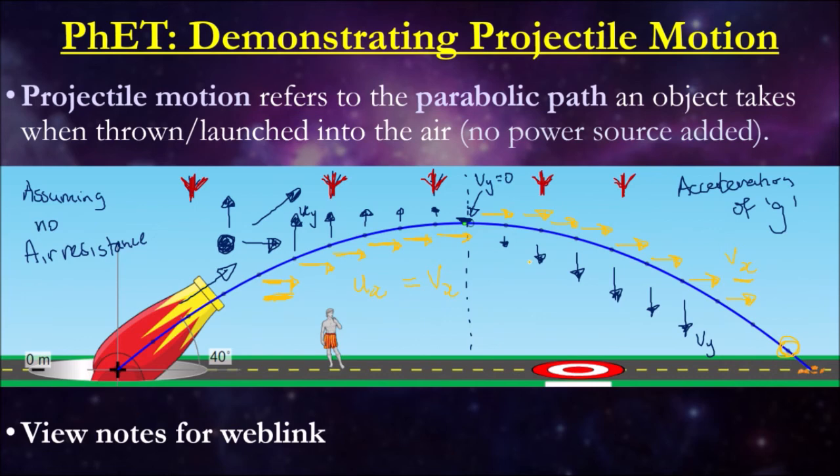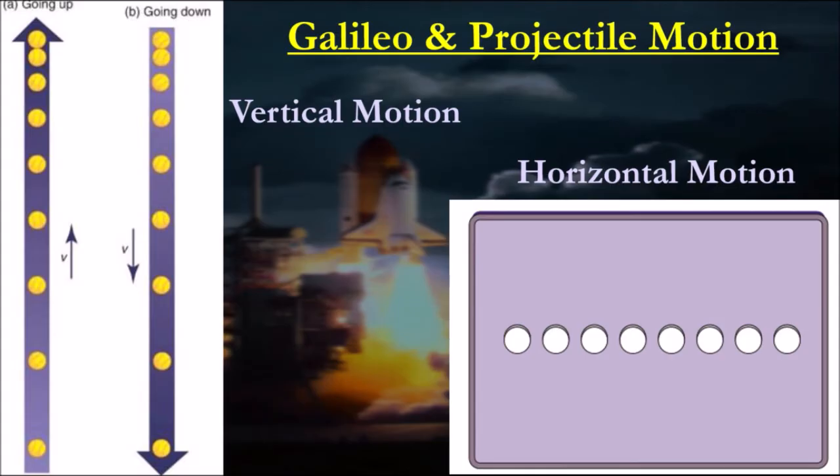That's what we can tell from projectile motion. And this can only happen if the horizontal component and the vertical component are moving independent of each other. Otherwise, you wouldn't see a parabolic shape like this. And for those who ask, what about if there was air resistance? Then obviously the horizontal component will get smaller over time, but we don't look at that in HSC physics.